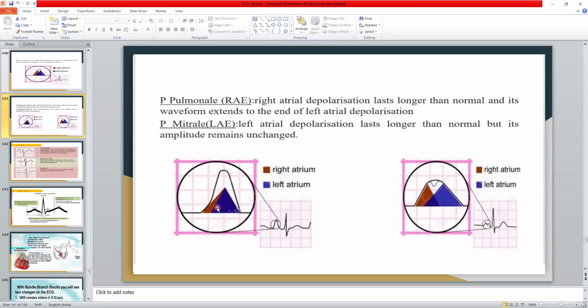Whereas the P wave amplitude is increased in P pulmonale, in P mitrale, that is left atrial enlargement, the amplitude remains unchanged, but the left atrial depolarization lasts longer than normal, producing this type. It's not biphasic, it is mitrale.